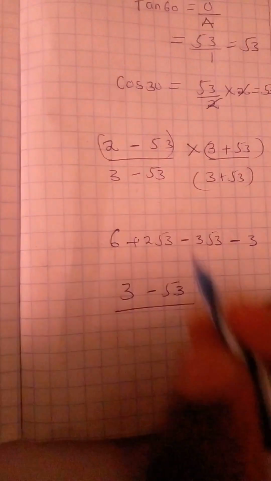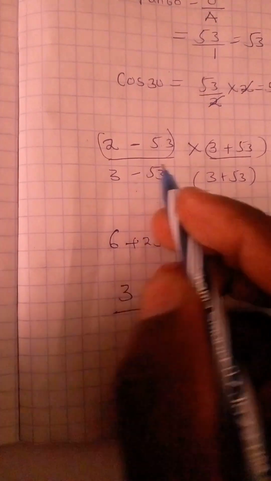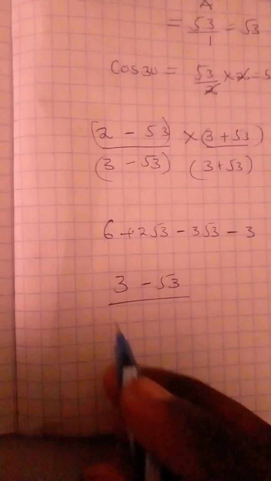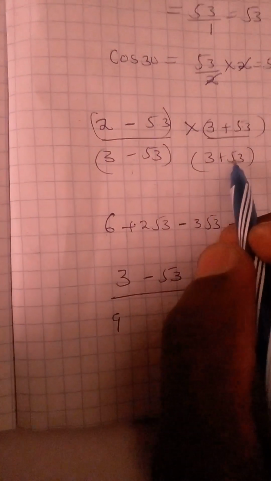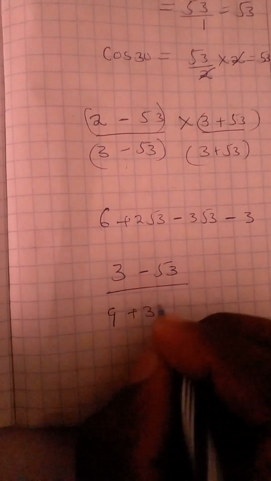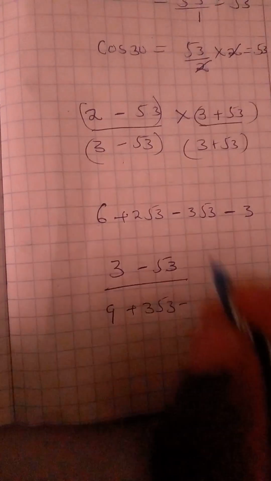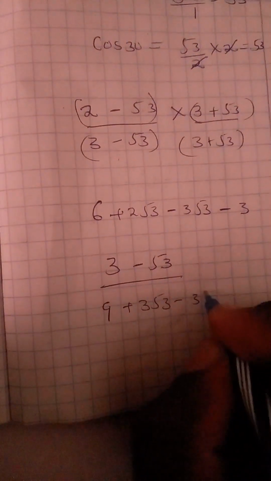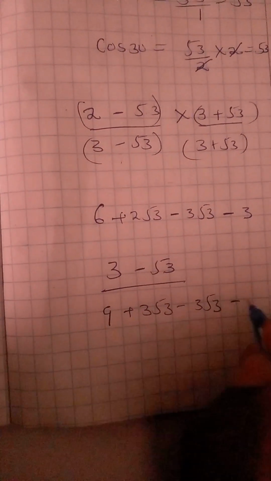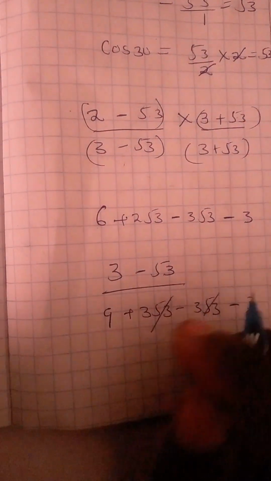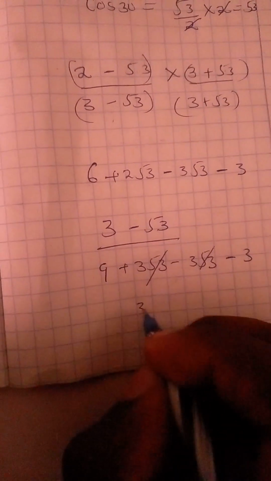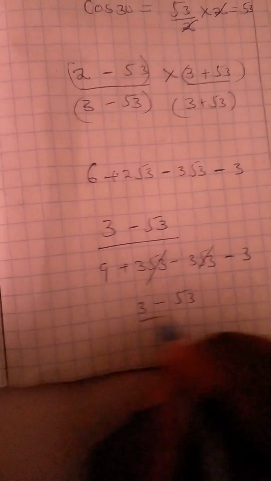Then we have the denominator, multiply again: 3 multiplied by 3 is 9, 3 multiplied by root of 3 is 3 root of 3, minus 3 root of 3, minus 3. This will cancel, so it will be 3 minus root of 3 all over 6.